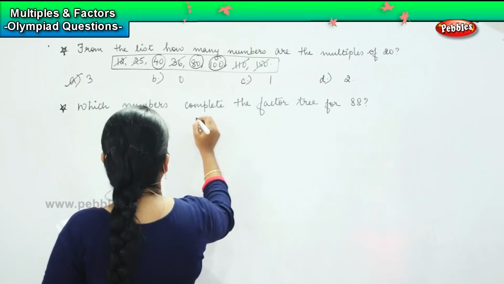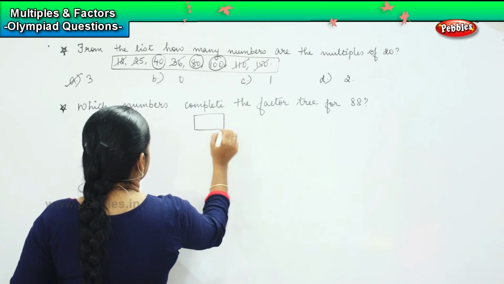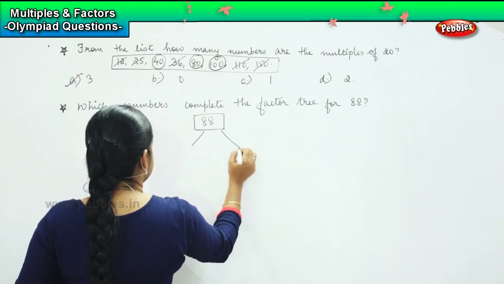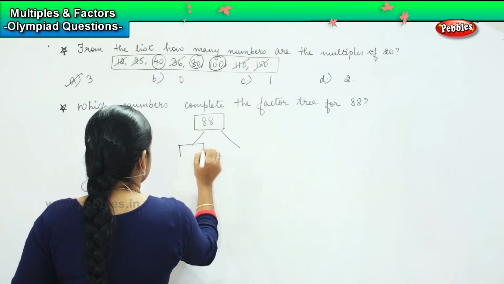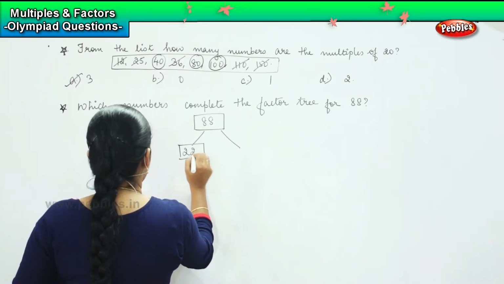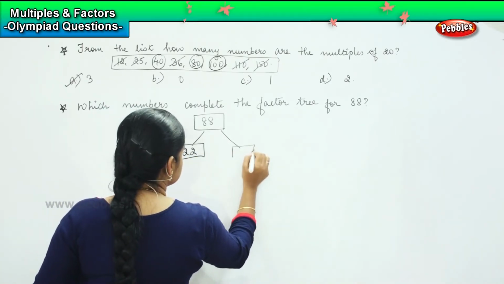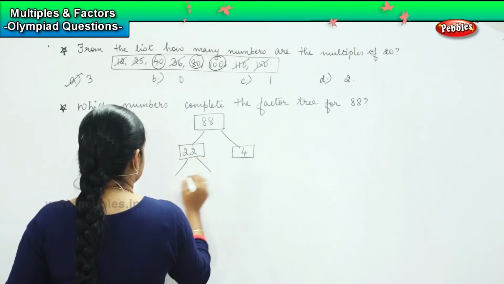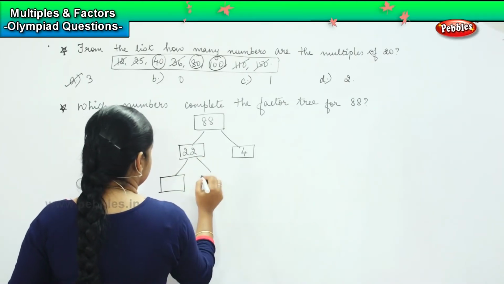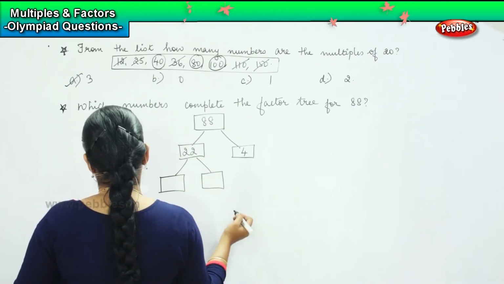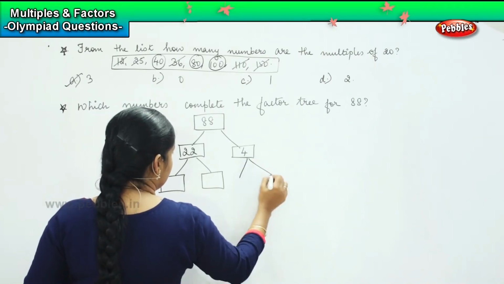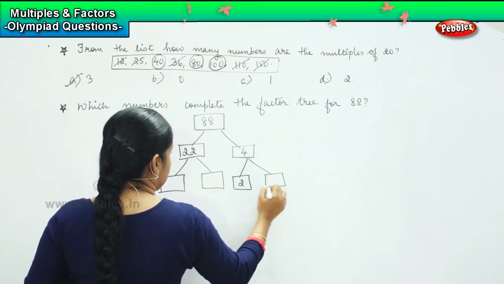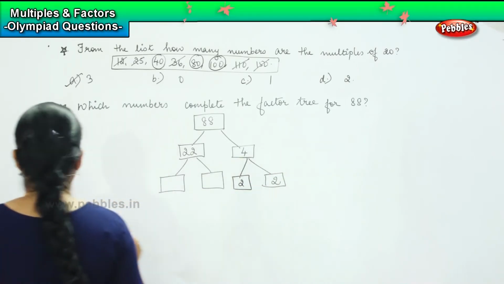Okay. The number here is 88. Then the next one is 22 and here it is 4. The next one, here there is a box, here there is a box too, and for 4 it is 2 and here also it is 2.